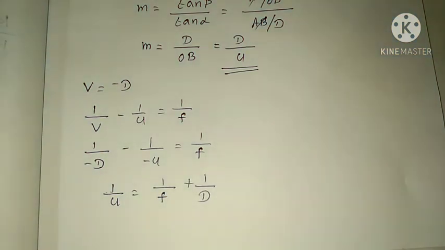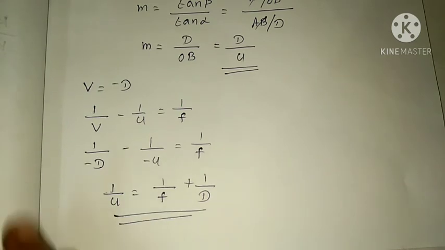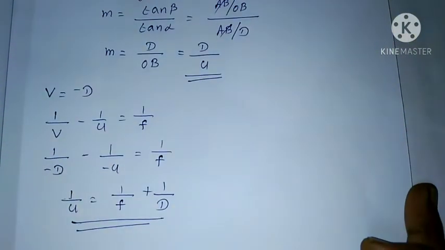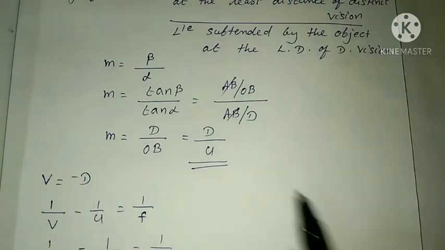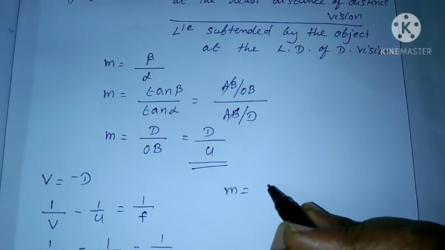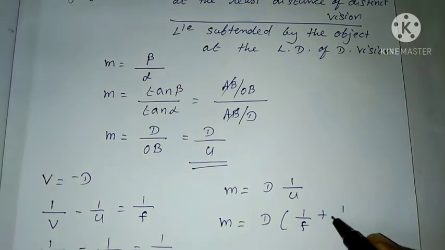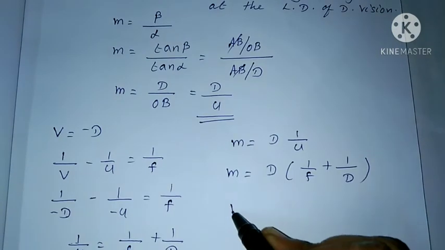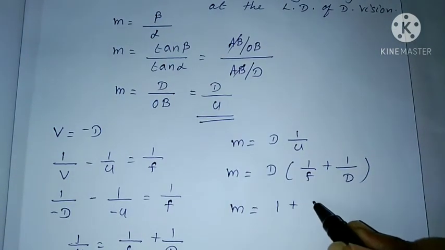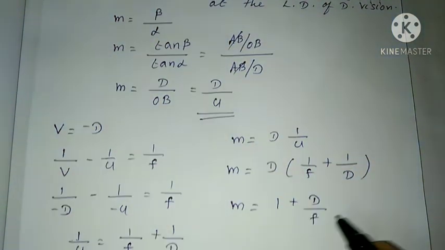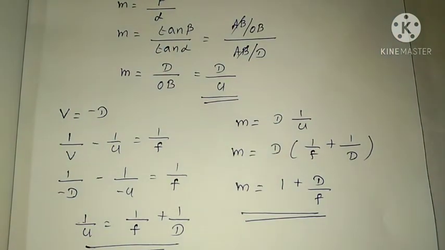So this value you put in the equation of magnification M equal to D by U. That is 1 by U equal to 1 by F plus 1 by D. So we can write magnification M equal to D into 1 by U. That is M equal to D into 1 by F plus 1 by D. So that is magnification M equal to 1 plus, that is D into 1 by D, that is 1, plus D by F.